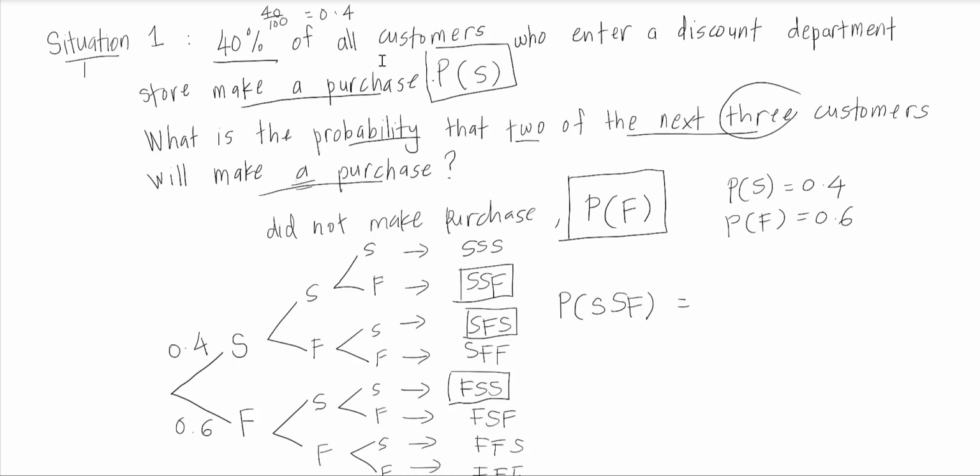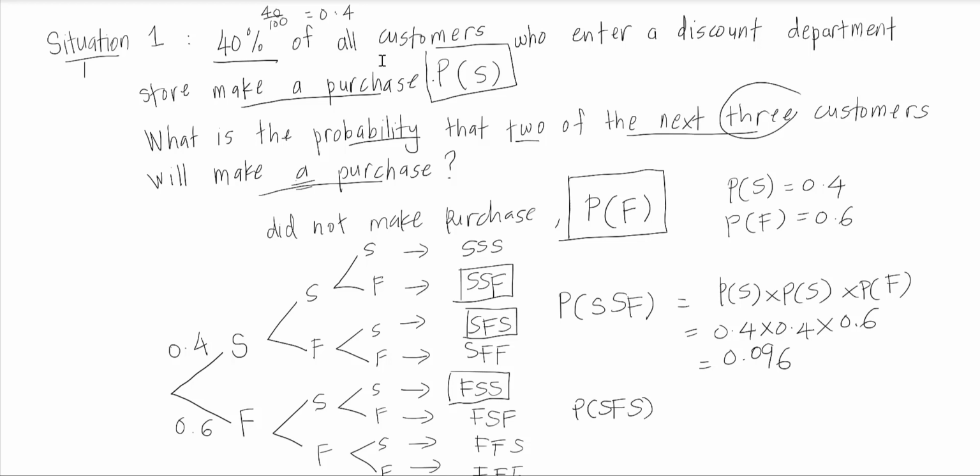For this one we want probability of success times probability of success times probability of failure. So 0.4 times 0.4 times 0.6 gives 0.096.